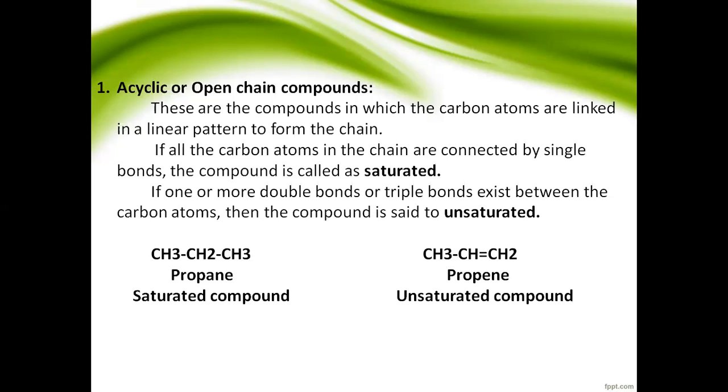The first one is saturated. If all the carbon atoms in the chain are connected by single bonds, the compound is called saturated. For example, propane. Already we know that an acyclic compound has a linear pattern. So a saturated compound is also a linear pattern, connected by single bonds.